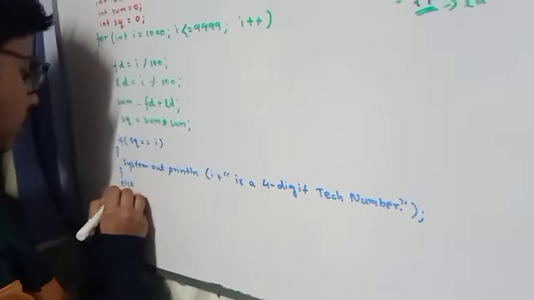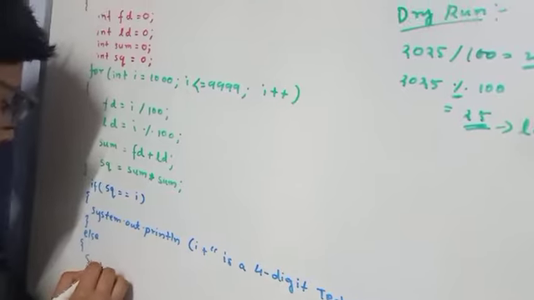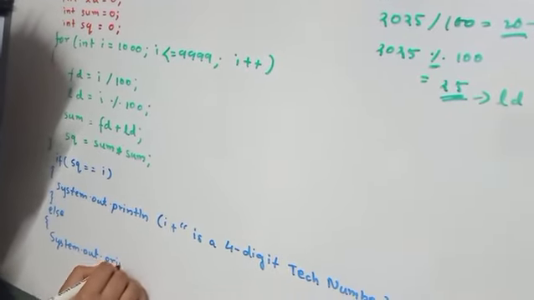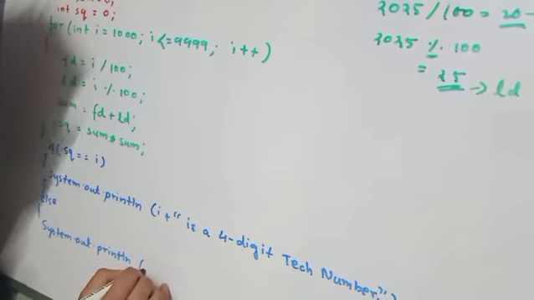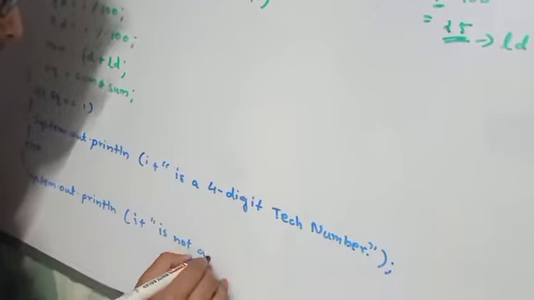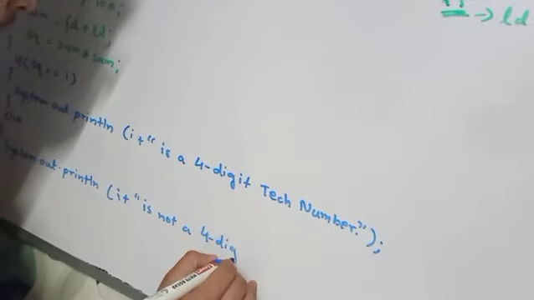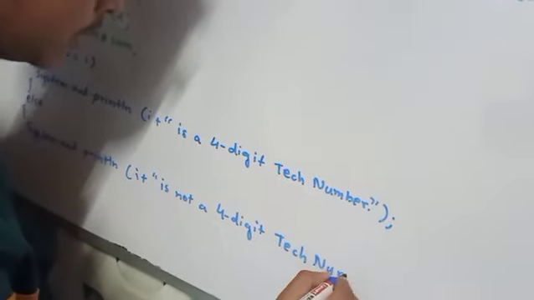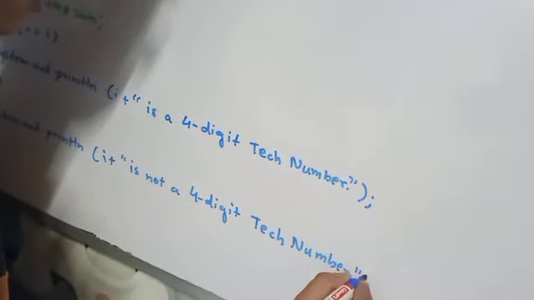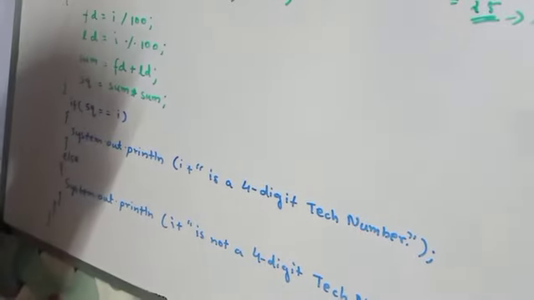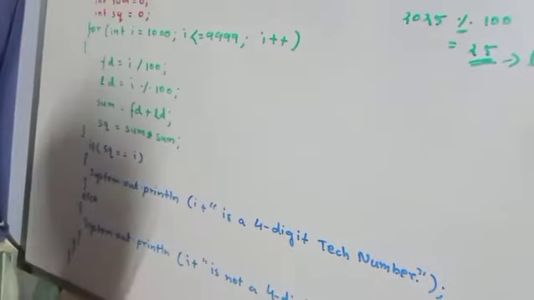Else you print system.out.println i plus " is not a 4-digit Tech number". And here we conclude the program. So just have a quick look.